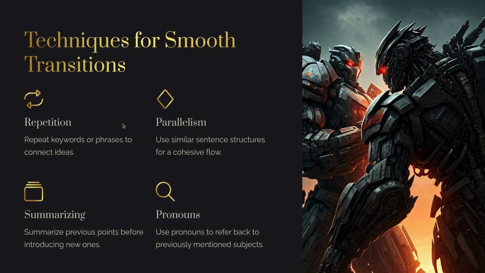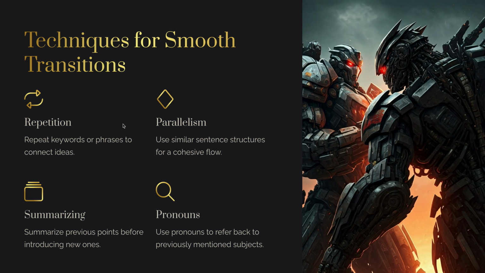For smooth transition, you can repeat phrases or keywords, similar sentence structures for cohesive flow. Now, what that means is simple sentence, complex, things like that. It does not mean repeat the same words.